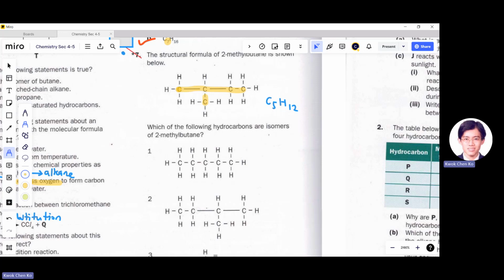I count from the right. 1, 2, 3, 4, and I branch at the 2nd position as well. So therefore, these two are exactly the same. They are not isomers, they are the same thing. Tricky, right? But it will come up for you.